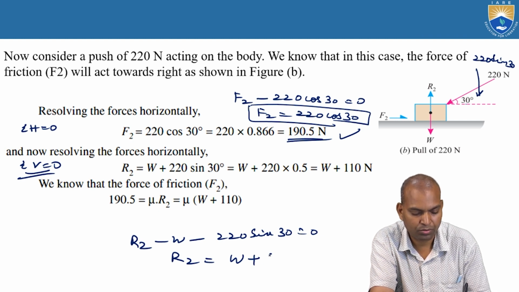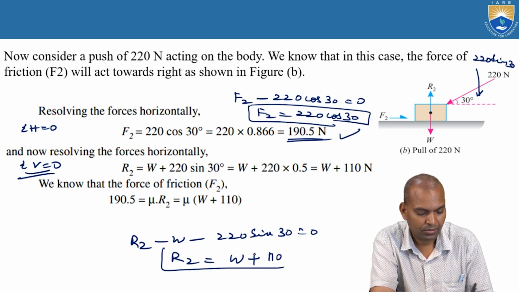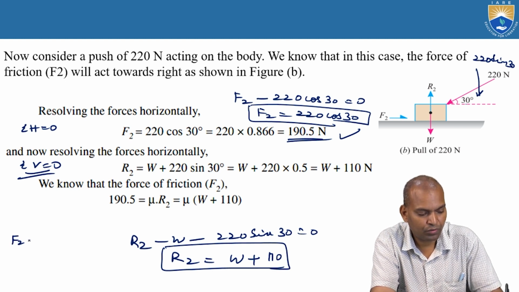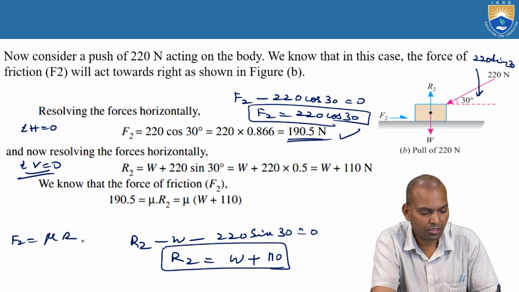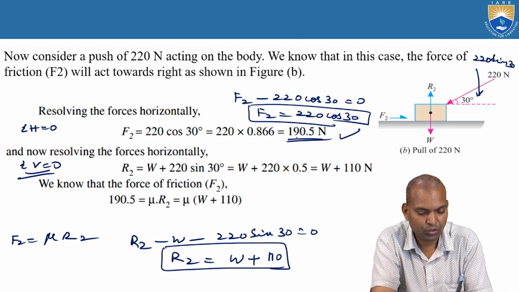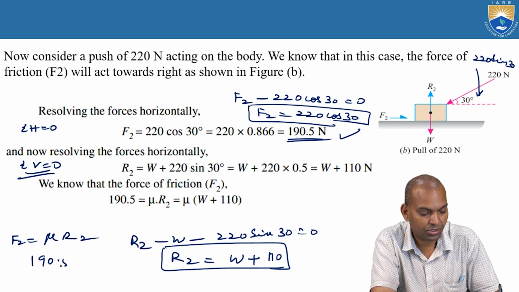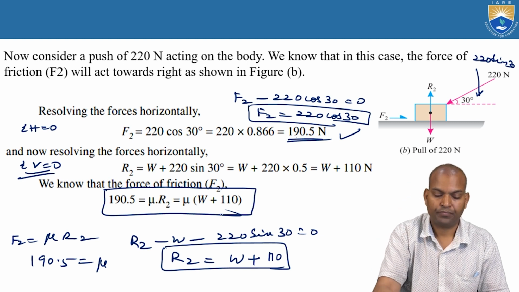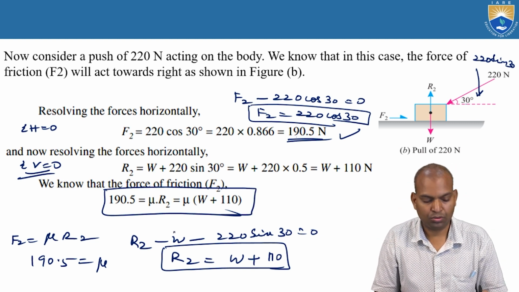Sin 30 is 1 by 2, that is 110. So R2 equals W plus 110. We know that F2 equals mu times R2, the normal reaction. F2 is calculated as 190.5 newtons, equal to mu, which is unknown, times R2. This is another equation. There are two equations and two unknowns.